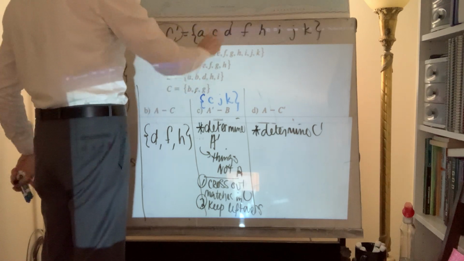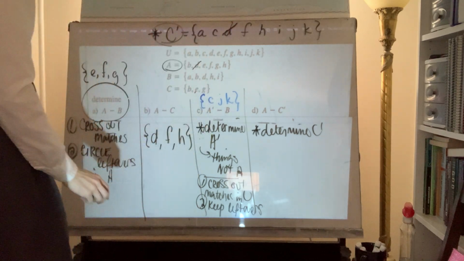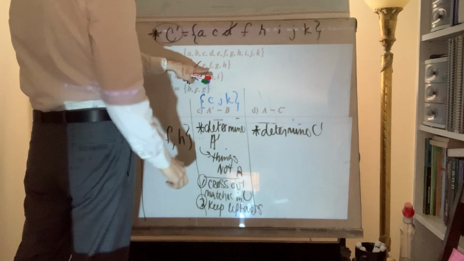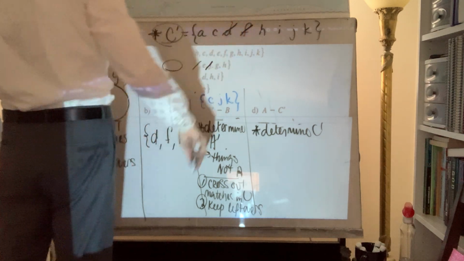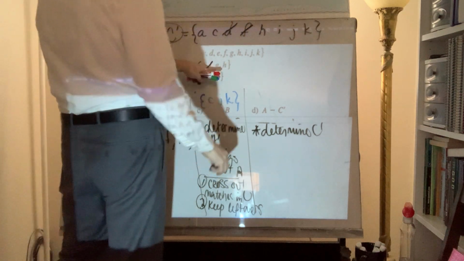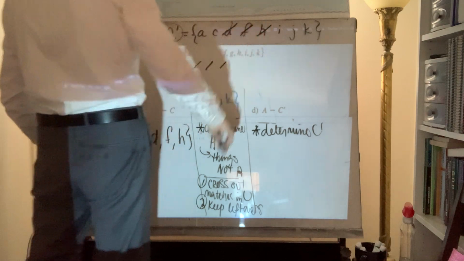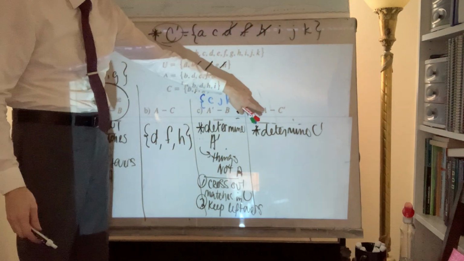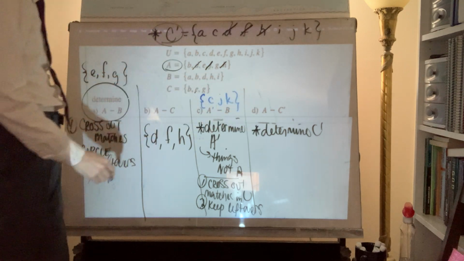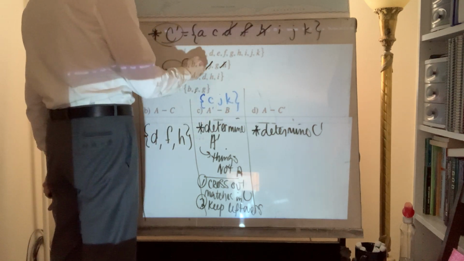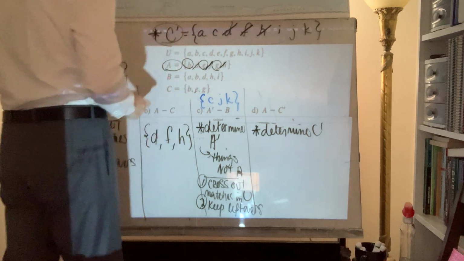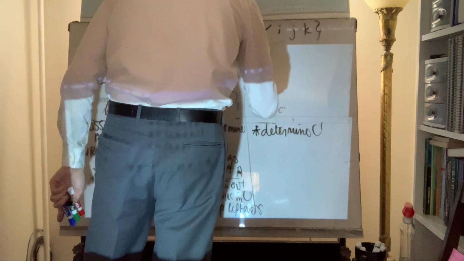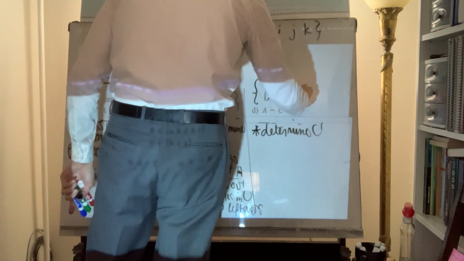D looks like it's going away. E is okay, F matches, that goes away. G is okay, but H has to go. And we circle the things that are specifically in the first letter's set that is left over now. So B, E, G, looks like. B, E, and G.